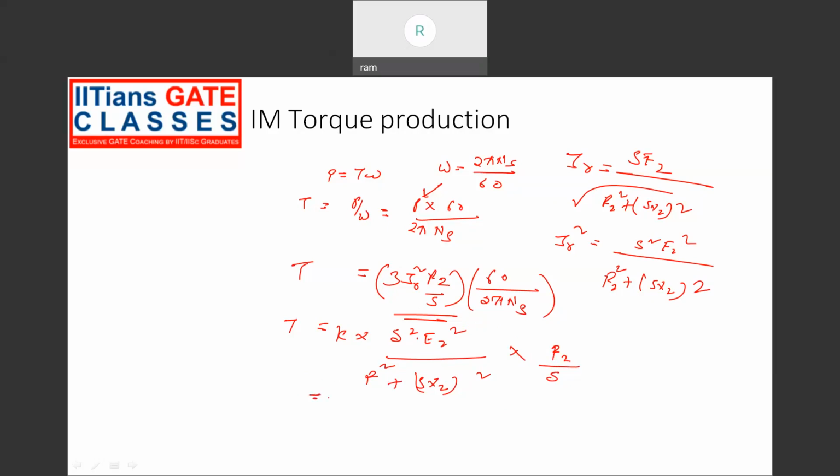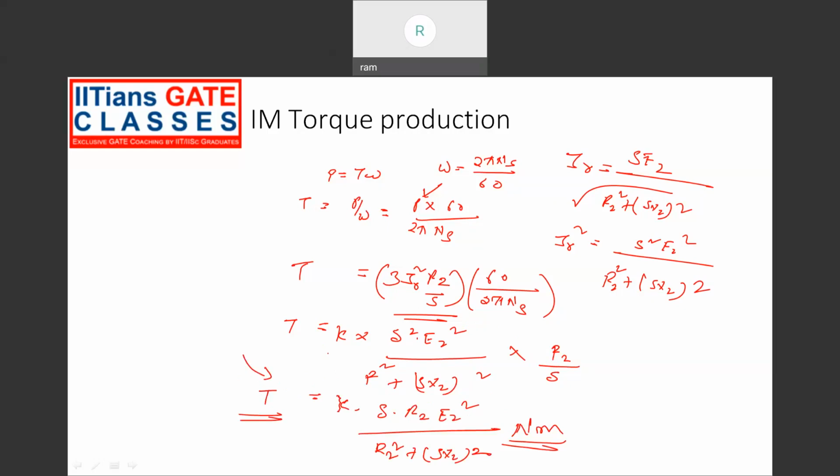So we have torque equal to K S R2 E2 square by R2 square plus SX2 whole square Newton meter. So this is the expression for torque.